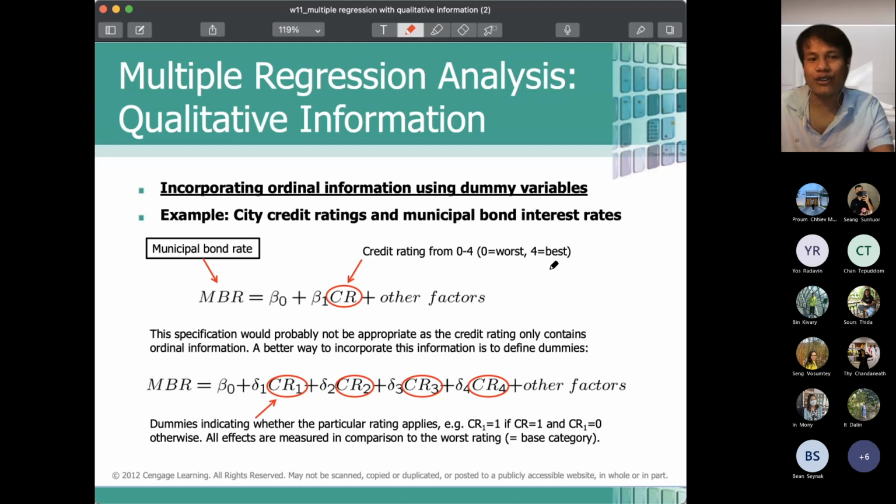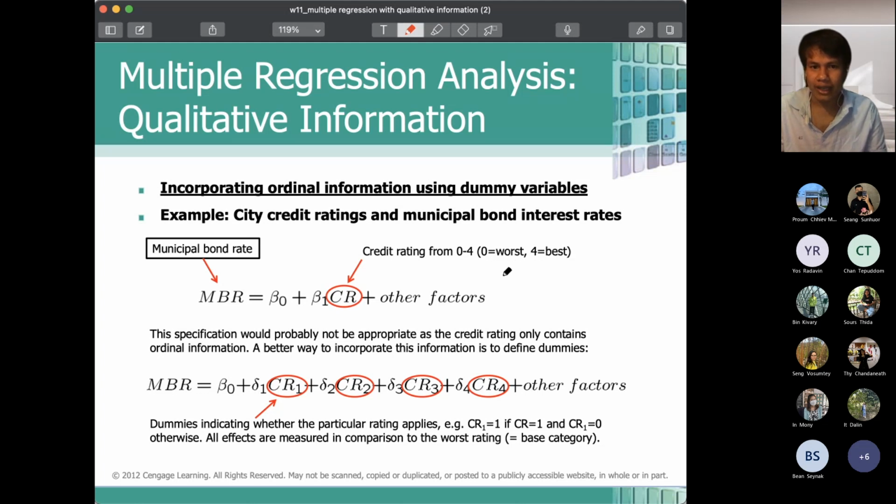So normally, if you run the simple regression by using just credit, which contains scores 0 to 4, it is not correct, right? Here, you want to estimate the city credit rating and municipal bond interest rate. But this credit rating is an ordinal variable. It contains 0 to 4, which is worst to best.